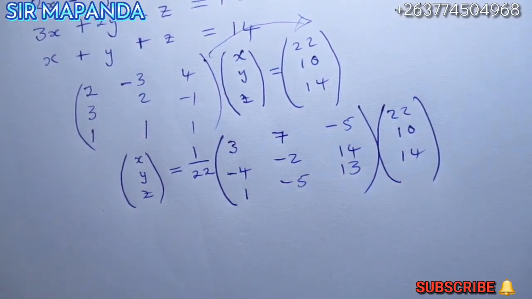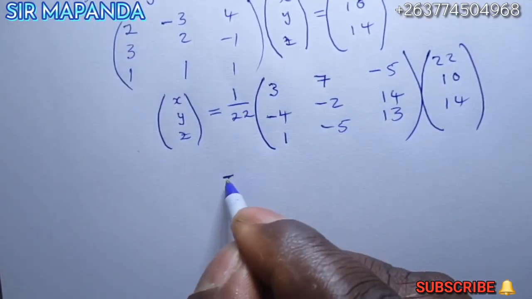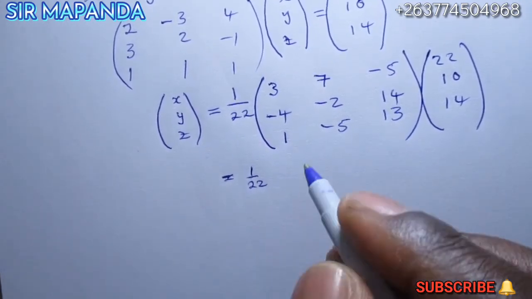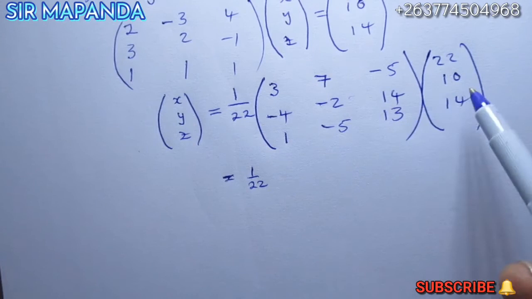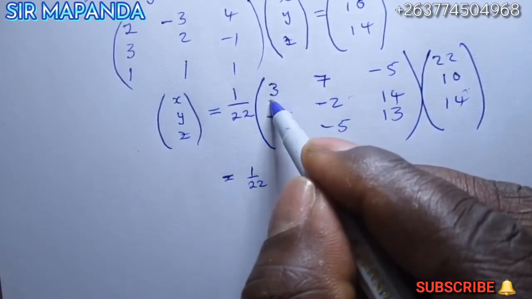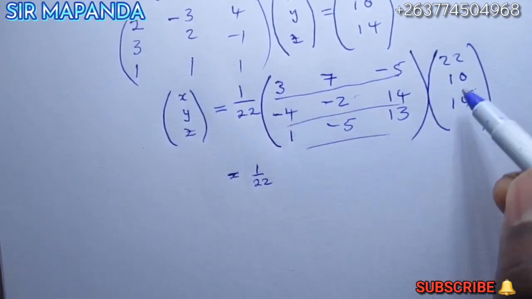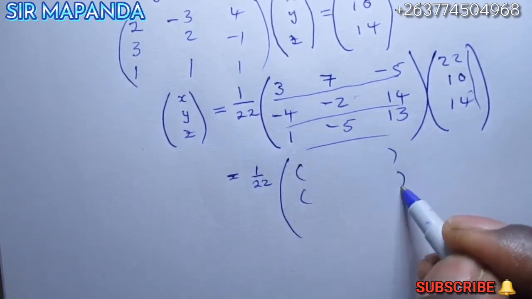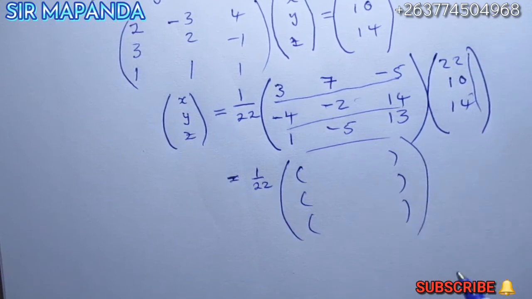I hope you are following. So to multiply, you can start by holding the scalar 1 over 22, so that you start by combining the two matrices using the method row by column. So you are going to have 3 brackets here.